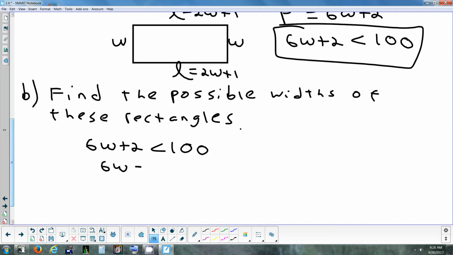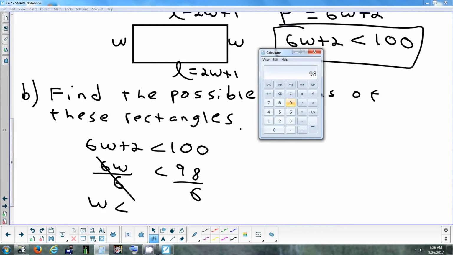All right, so 6w is less than 98. And my last step? You divide by 6 on both sides. Divide by 6. So we get that the width has to be less than 16 1/3. So we'll just say 16.33.